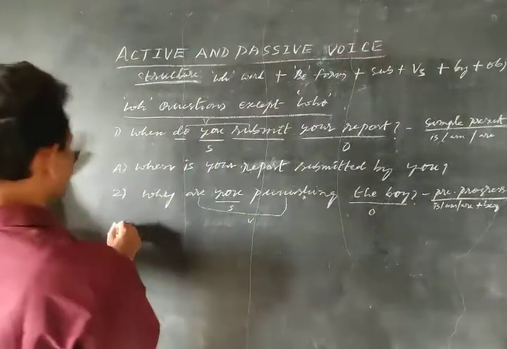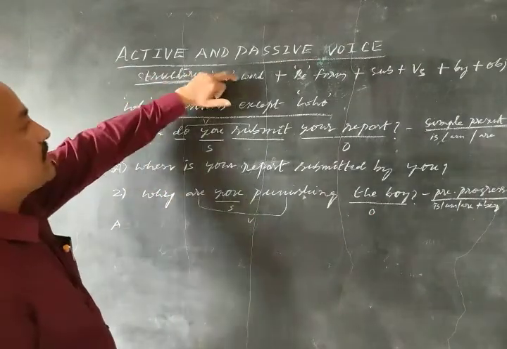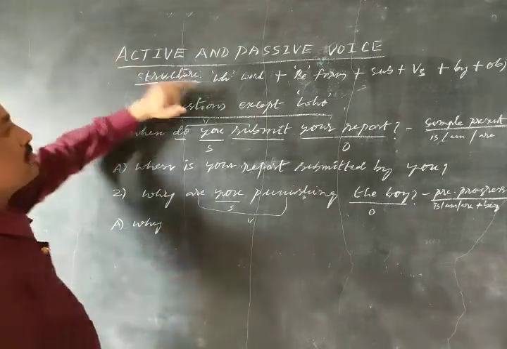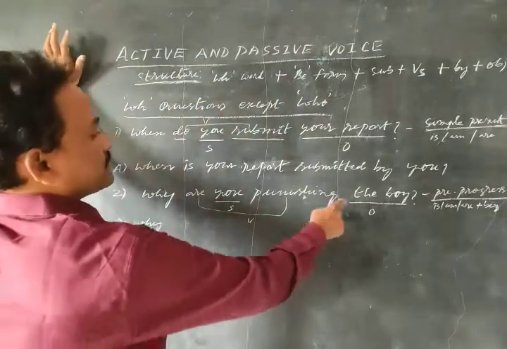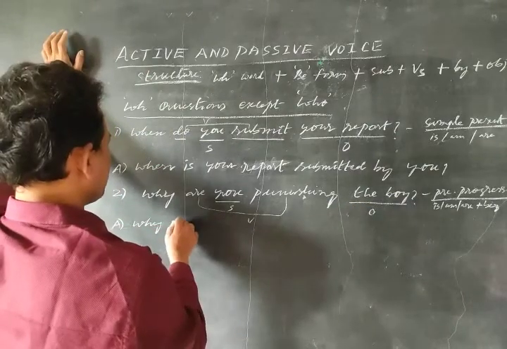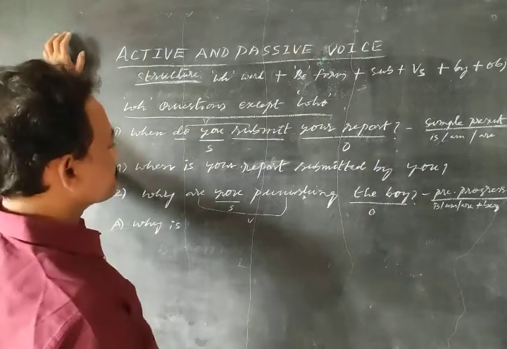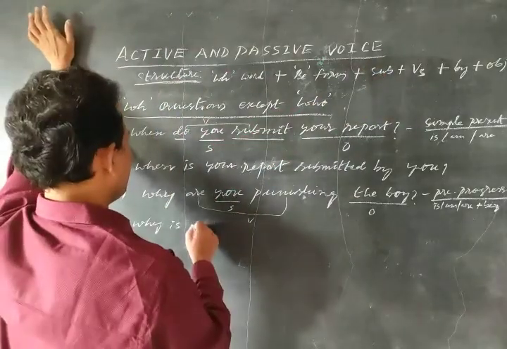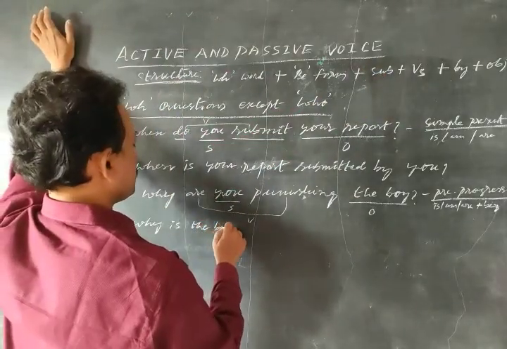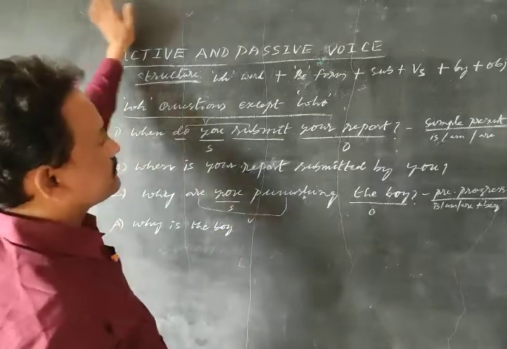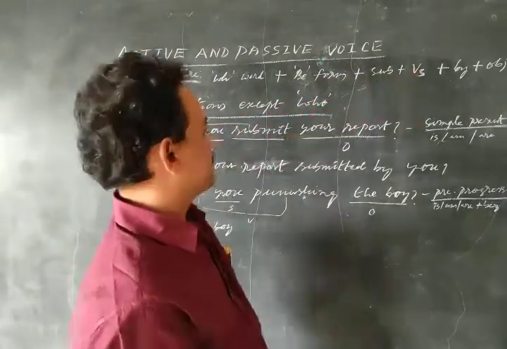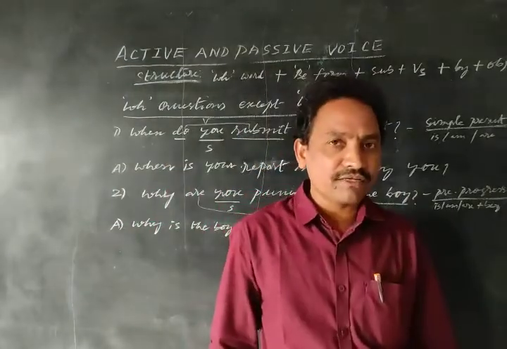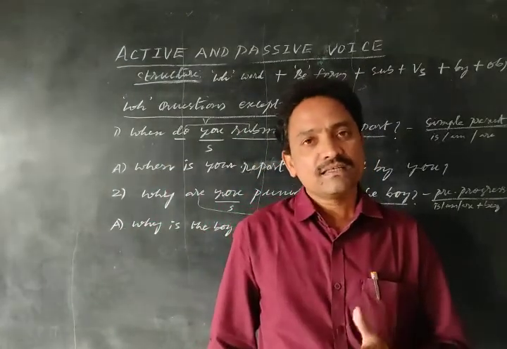As we say, like this sentence. Here the WH word, what is it here? Why. Be form: the boy is singular, so is. Why is. Next subject: why is the boy. The boy, subject, and V3. Here punish is the main verb. Okay, what is V3?